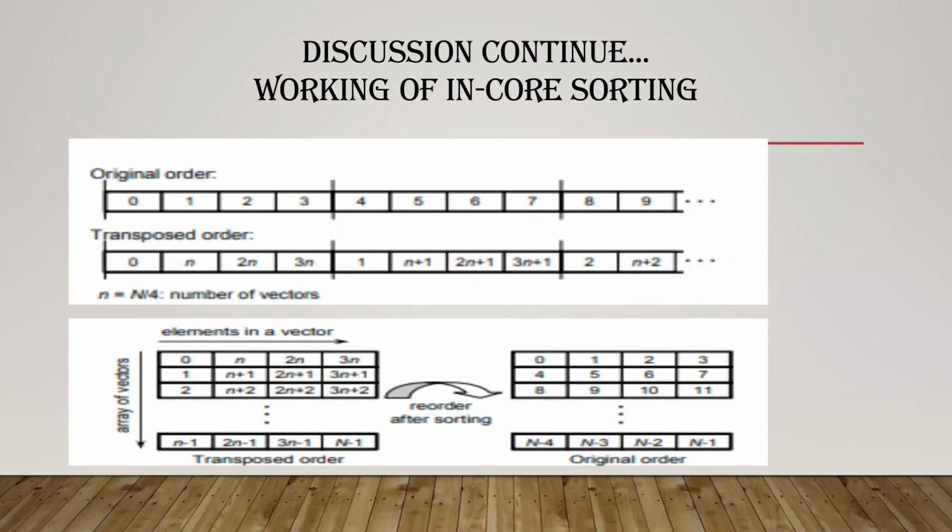I continue the discussion on the in-core sorting. The significant steps that the algorithm executes include sorting values within the cache vector in ascending order, then executing the comb sort to sort the values in transposed order, and then reordering the values from the transposed order back to the original order.